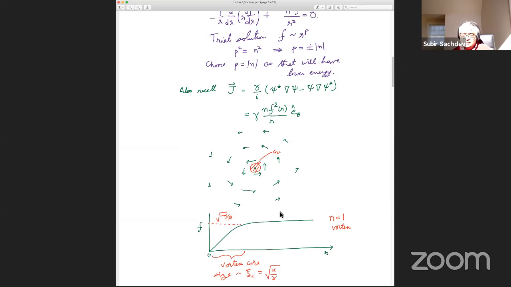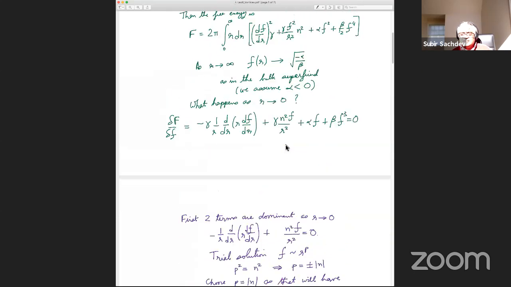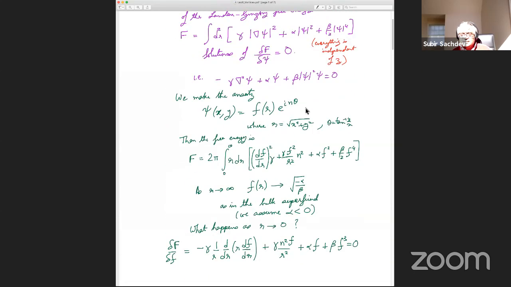So in the far region, f is approximately square root of alpha over beta, but there's still some appreciable theta dependence over here.